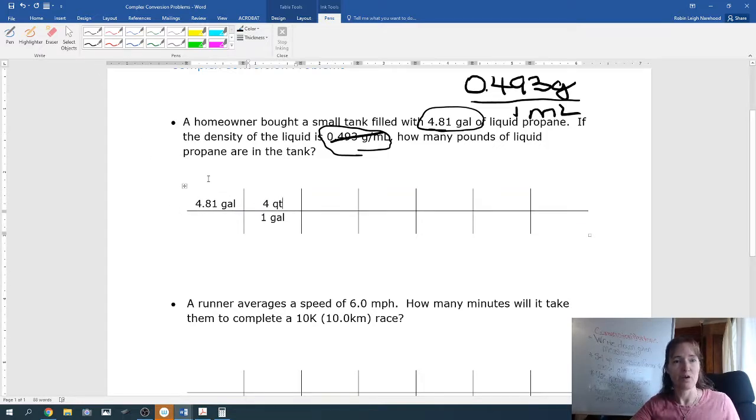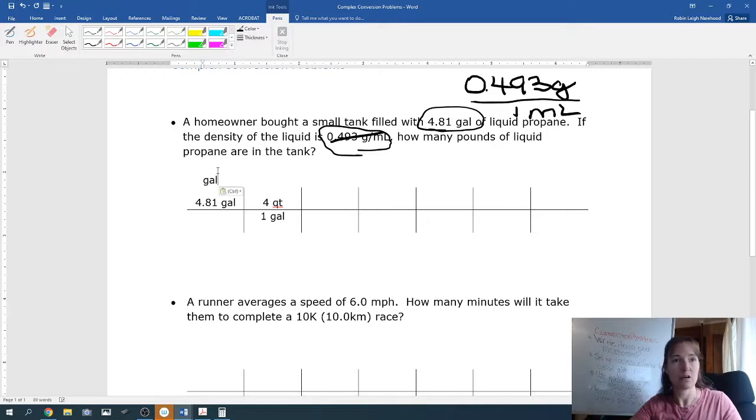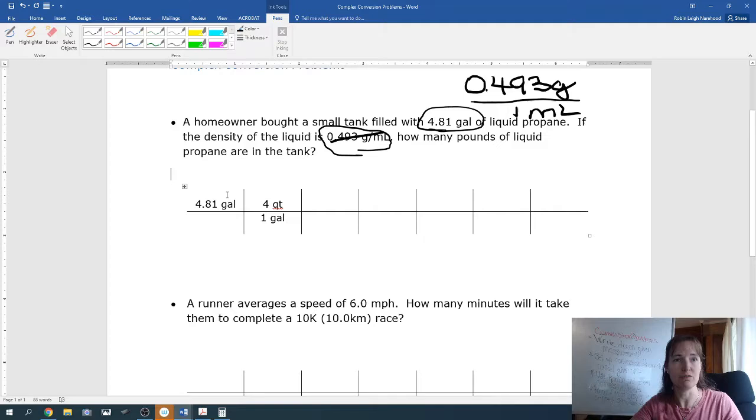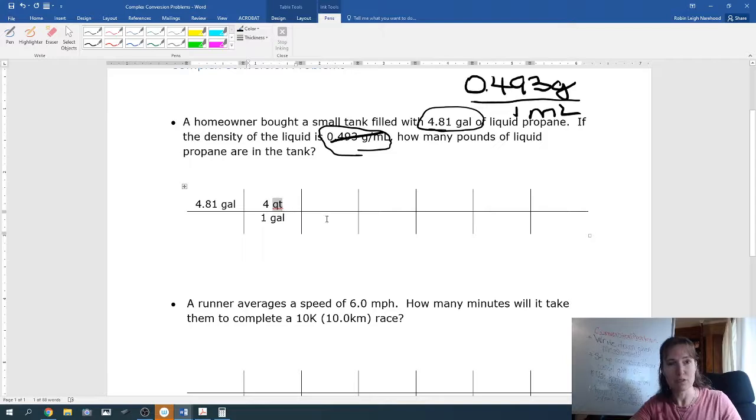And so we should be able to cancel this unit now on top and on bottom. Now we have quarts. This is not the unit that we want, so we want it to be on the bottom of the next step. And when we have quarts, usually if we need to go into the metric system, this is where we would go to the metric system, and we go from quarts to liters. That's a very common conversion factor.